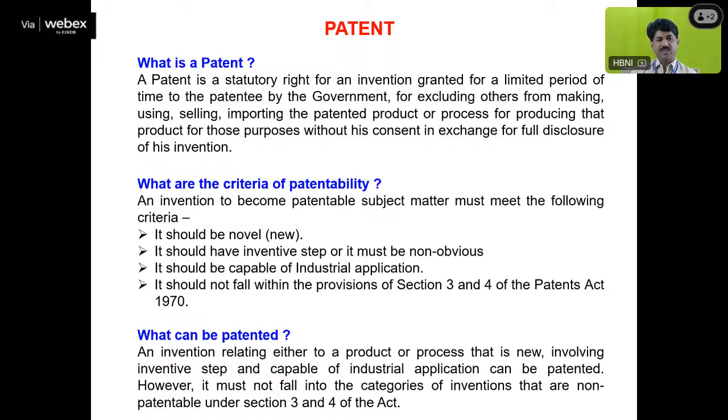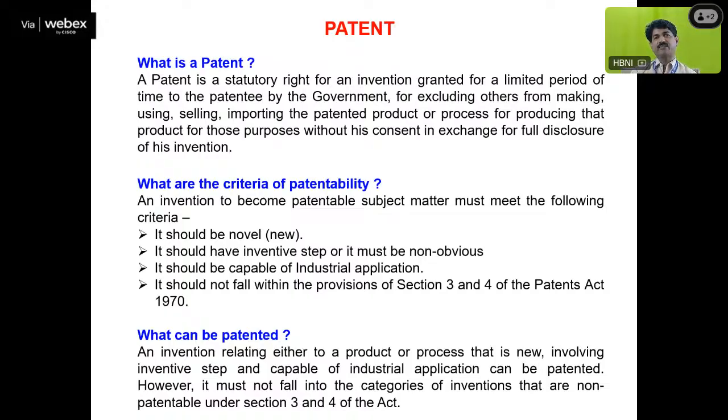A patent is a statutory right for an invention granted for a limited period of time to the patentee by the government, for excluding others from making, using, selling, importing the patented product or the process of producing that product, for those purposes without his or her consent, in exchange for full disclosure of his or her invention.